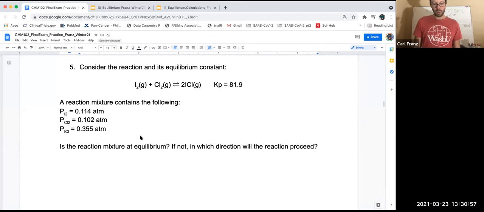And if not, which way will it proceed? Okay, so these atmospheric pressures, the partial pressures that they're giving us, are what we can use in our reaction quotient. And so all we have to do is solve for Qp by plugging those in. And then if it's greater or less than or equal to, that will give us our answer.